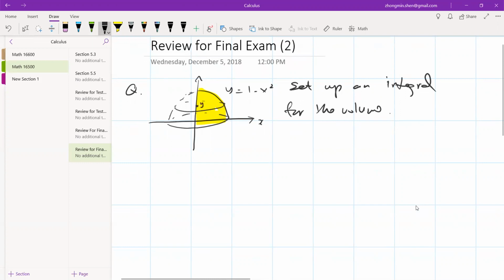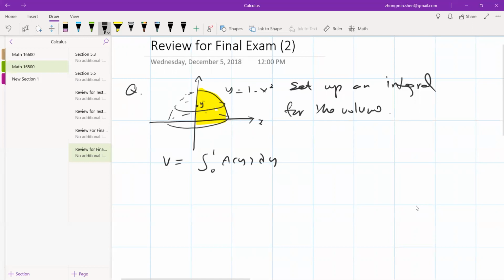So the family depends on the y variable. So the volume, I want to see something like that. At the moment when you write down this, you probably will not make a mistake. I did not see you write down that one. Okay? So this is the area of the cross section.